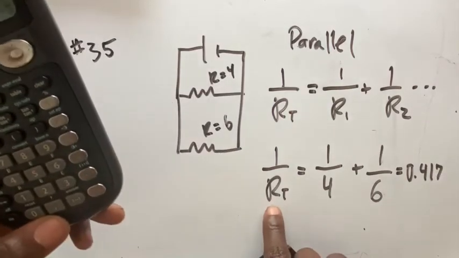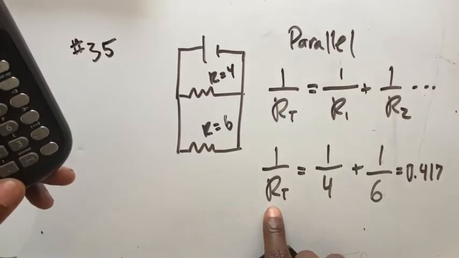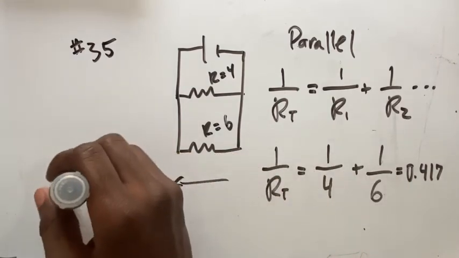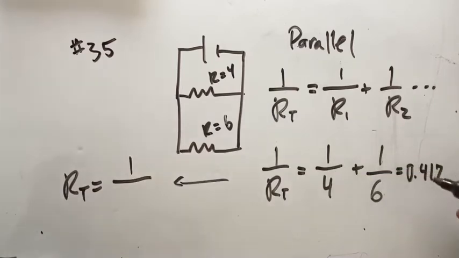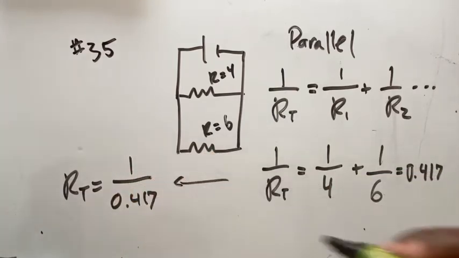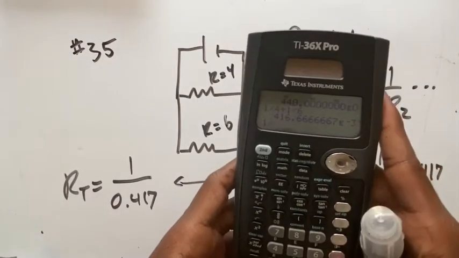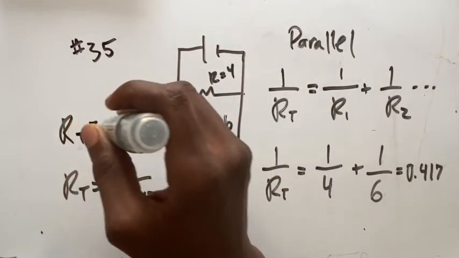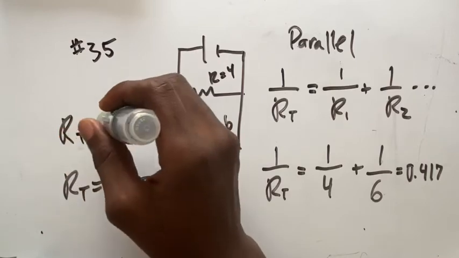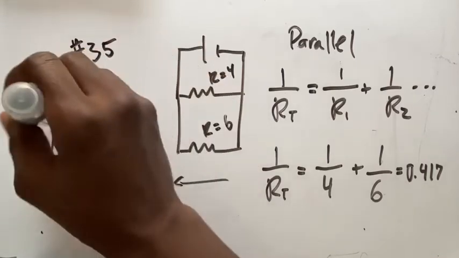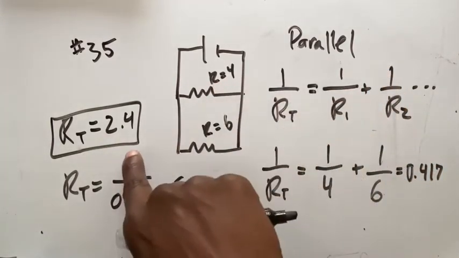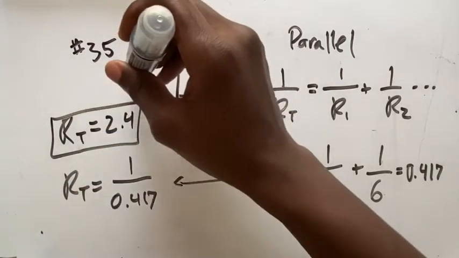Now we're trying to solve for RT, so we have to flip it. RT is going to be equal to 1 over 0.417. So we do 1 divided by 0.417, and we get the total resistance is 2.4. Notice that the total resistance is less than both of those because they're in parallel. And so that's going to be B.